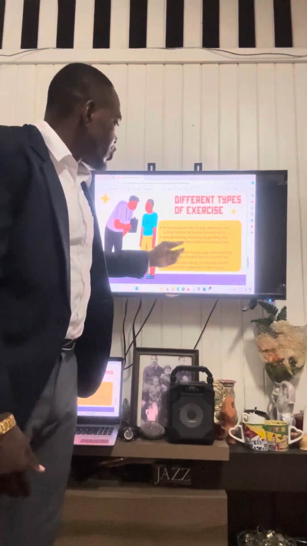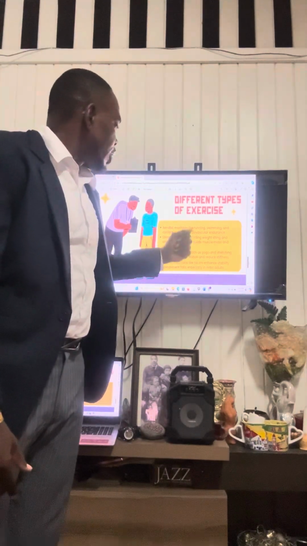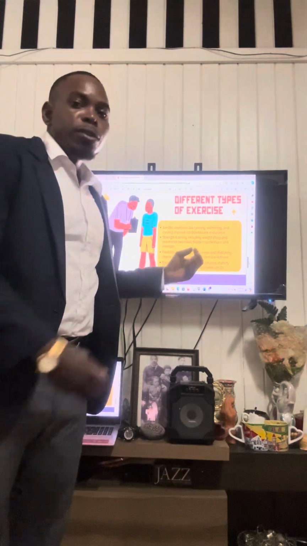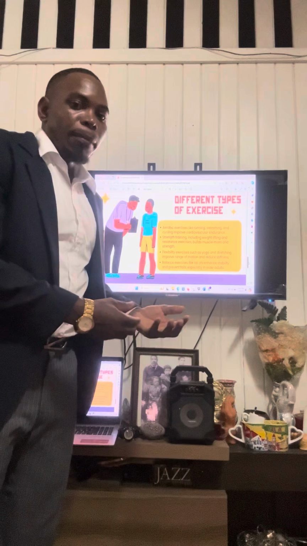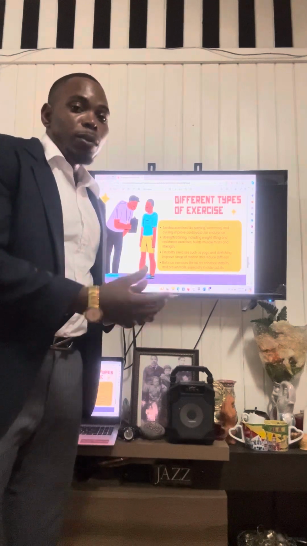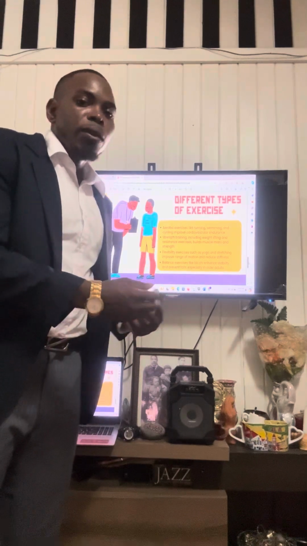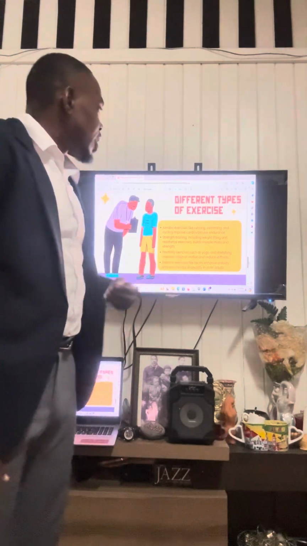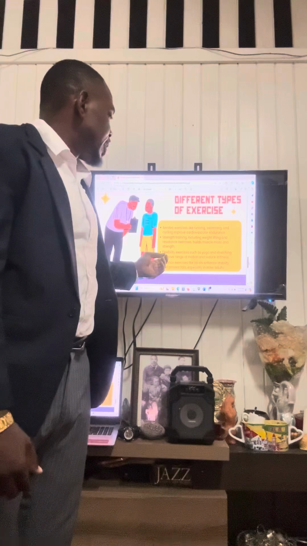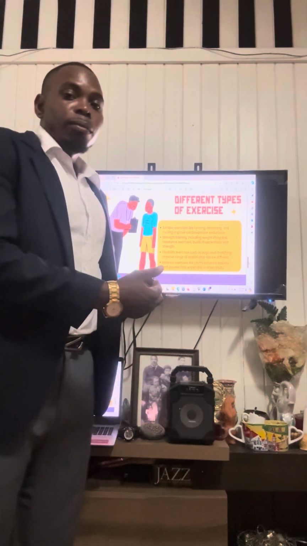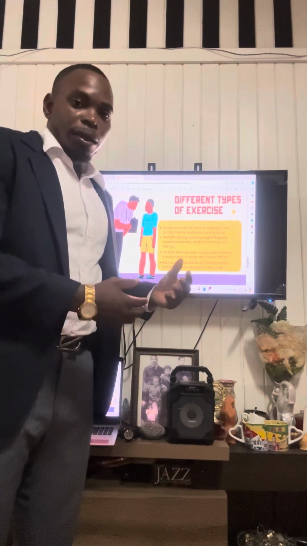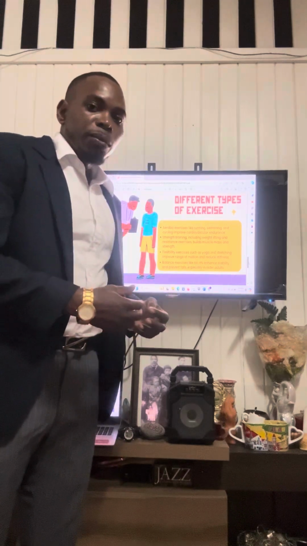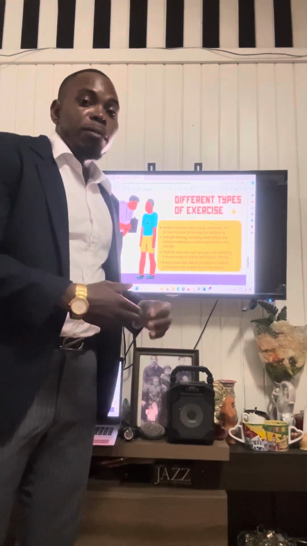So strength training. Strength training includes weightlifting and resistance training. It builds muscle mass and muscle strength. So you could progressively overload by either reducing the amount of time between reps, increasing weight, or a combination. Flexibility. Now this is another benefit of regular exercise. When you become more in tune with exercising, your muscles become more loose. The range of movement between your joints becomes even greater.